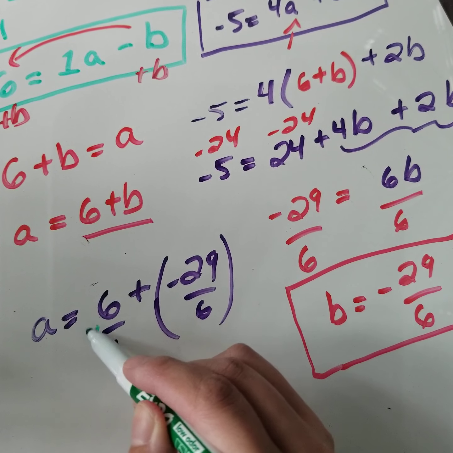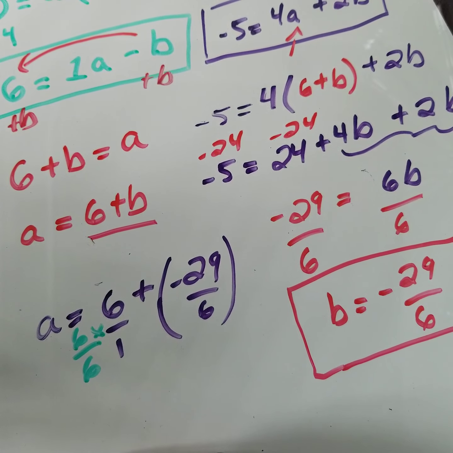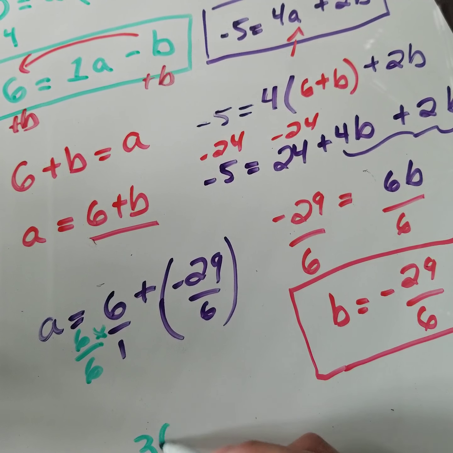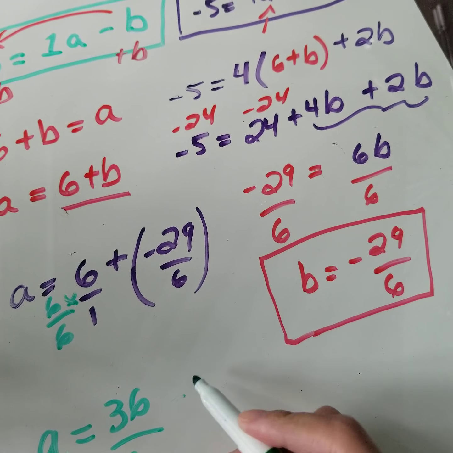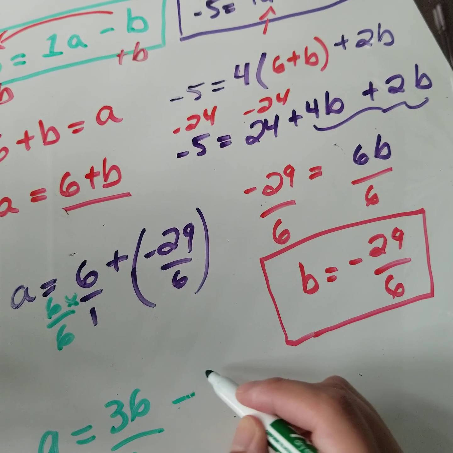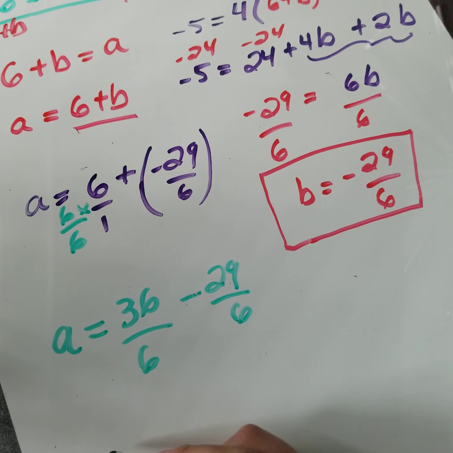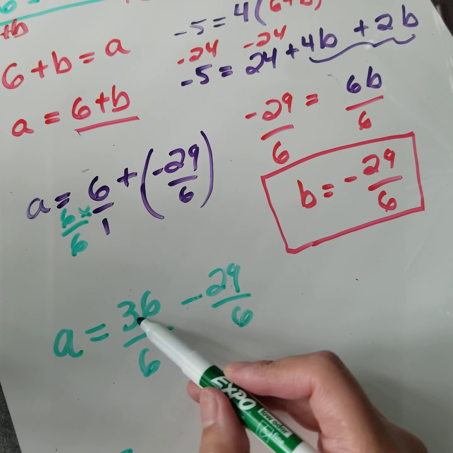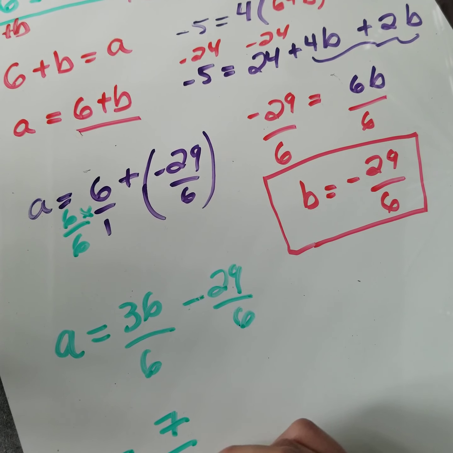We would make this 6 over 6. So our a value would be now 36 over 6. This is equivalent to just 6. I'm going to subtract 29 over 6. And if we see how many values for this, this should be 7 over 6 for a.